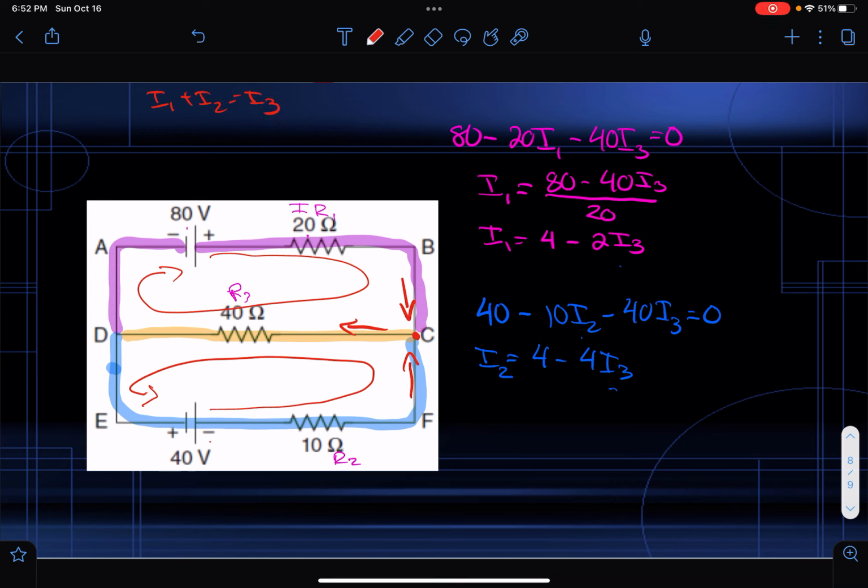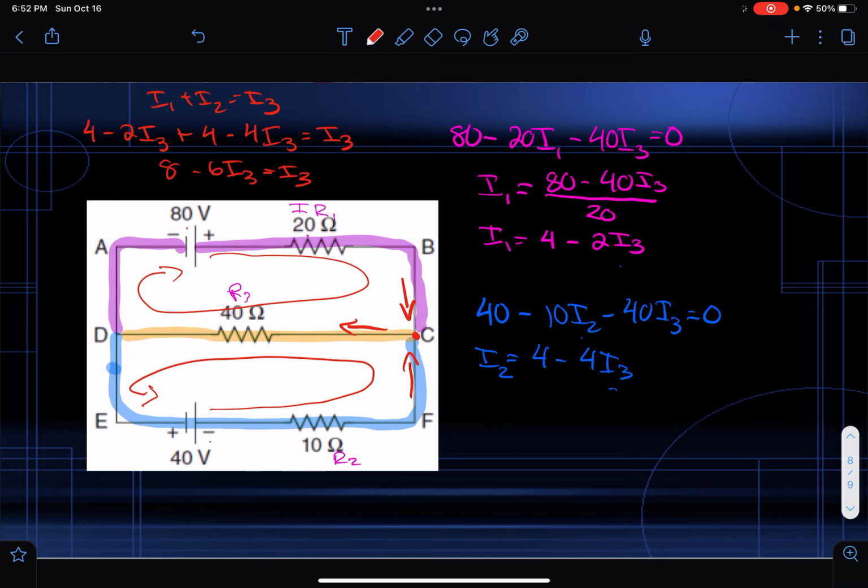Instead of I1, I've got 4 minus 2I3 plus 4 minus 4I3, which is equal to I3. When we put this together, I've got 8 minus 6I3 is equal to I3. So when I add that to the other side, I've got 8 is equal to 7I3.